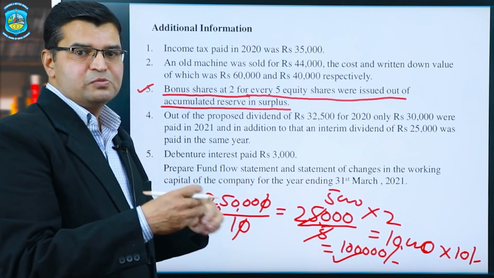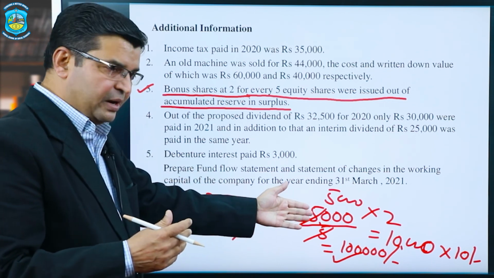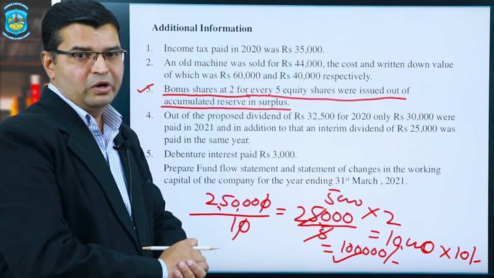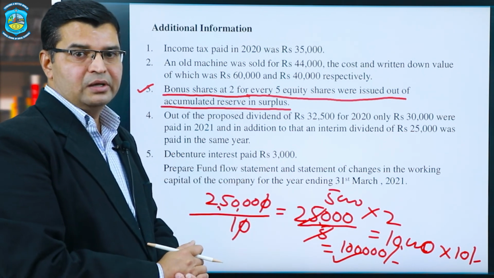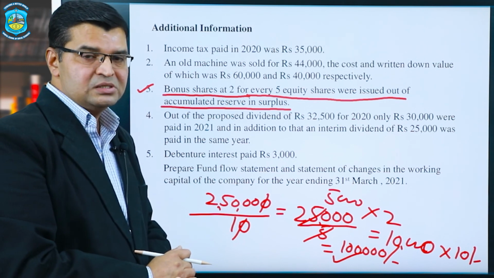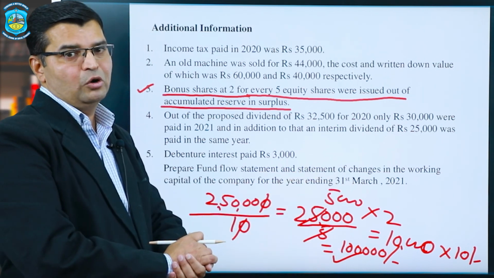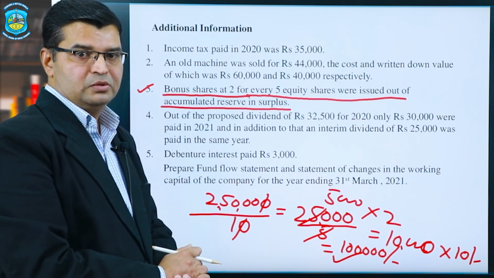So this bonus has been paid to the shareholders worth rupees 1 lakh. This is also one of the non-operating expenses for the business. So it will always be shown in the profit and loss adjustment account.